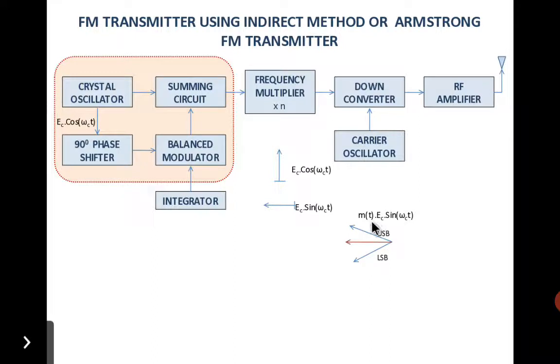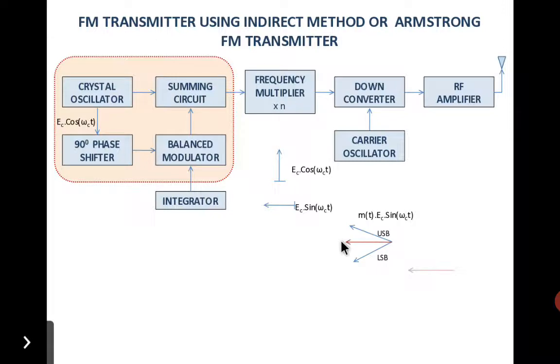So the inputs to the balanced modulator are the message signal m of t and EC sin omega ct, and the output will be the product of these two signals, m of t into EC sin omega ct. The resultant waveform is a DSB-SC signal with an upper sideband and a lower sideband, whose resultant is given by this red line.